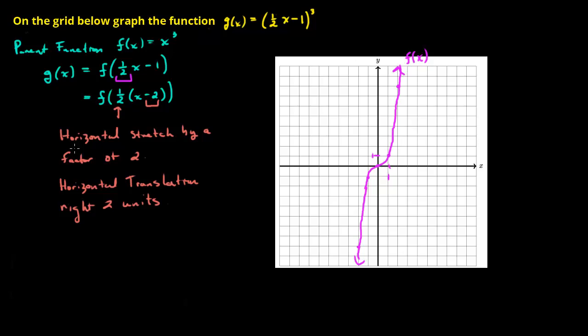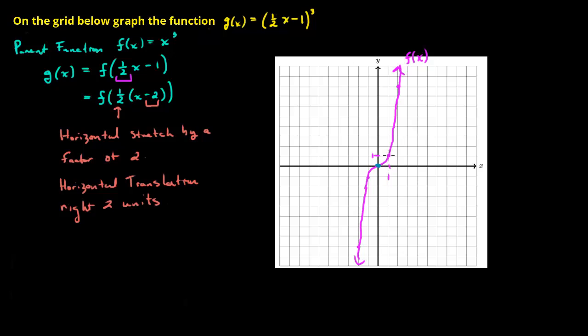Now let's think about what the graph of g of x is going to look like by transforming the key points on f of x. The first transformation I need to apply is a horizontal stretch by a factor of 2. If I take the origin and stretch it by a factor of 2, it just stays at the origin, because the distance between this point and the y-axis was 0. If I multiply a distance of 0 by 2, I still get a distance of 0 between this point and the y-axis.